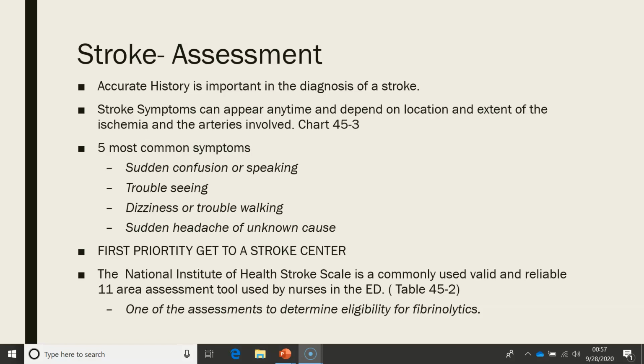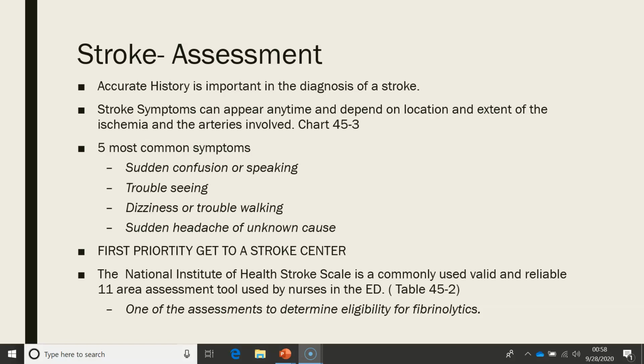But while the patient is in both the emergency department and in critical care, they tend to use this National Institute of Health Stroke Scale to determine where the patient is, if they're making progress, especially if they've had the fibrinolytics done. Are they seeing reversals of deficits that they were once presenting with? But that's really going to be covered in a lot more detail next semester.